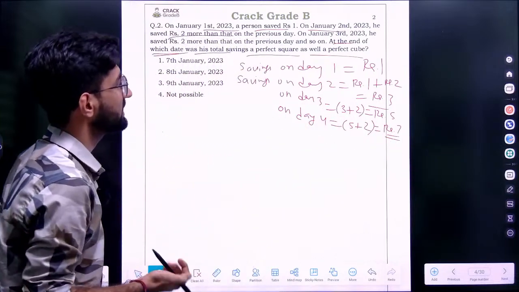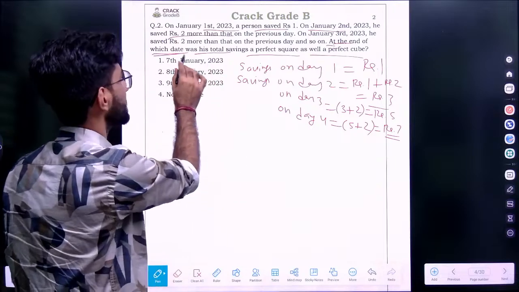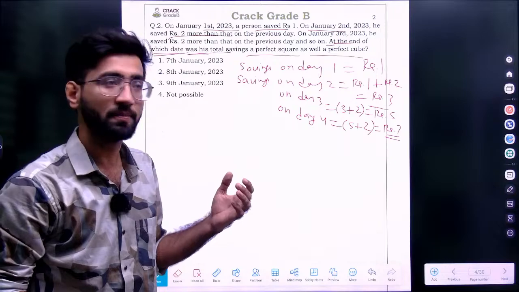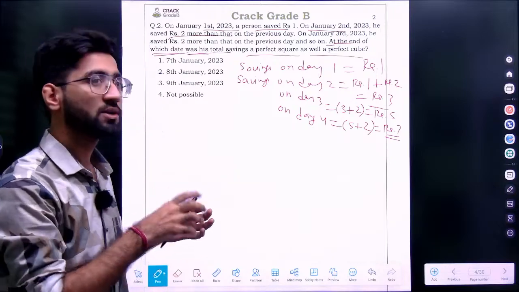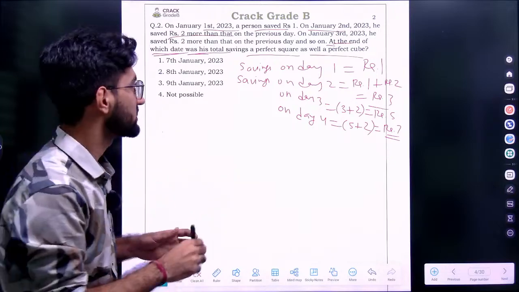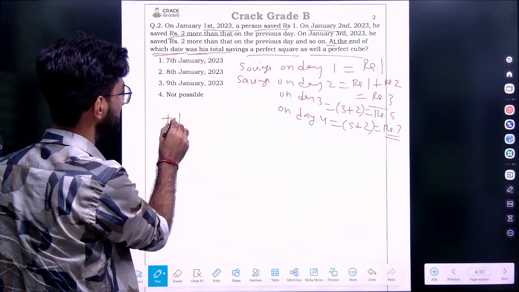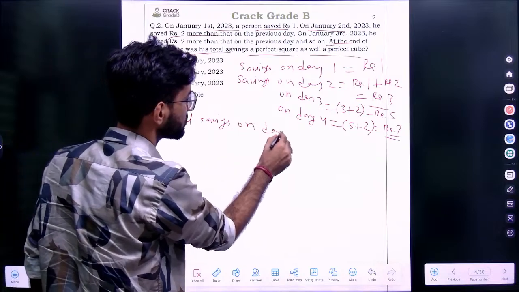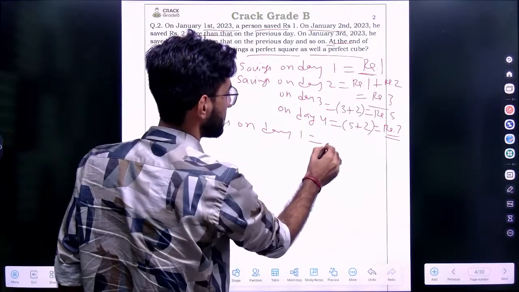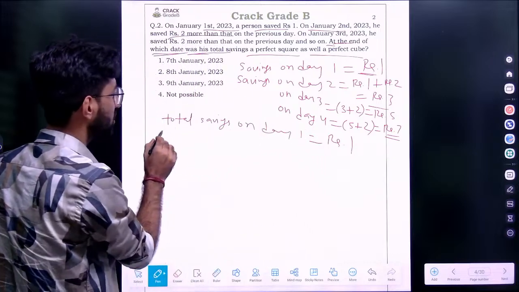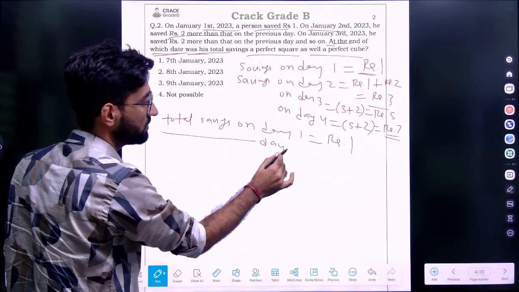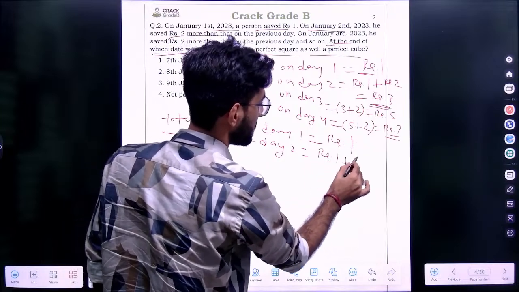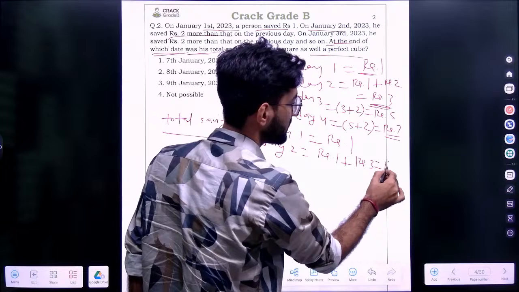Since we have to find at the end of which date his total savings was a perfect square as well as a perfect cube, we have to find total savings on each day. So total savings on day 1 is obviously rupees 1, right? And total savings on day 2 is rupees 1 plus rupees 3, that means rupees 4, right?